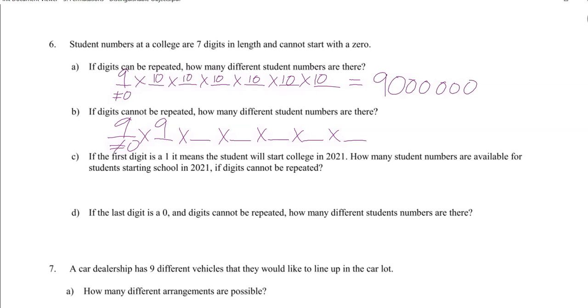So we have 9, and then, and then, and we're just going to plug that into our calculator. 544,320, which is substantially fewer arrangements than if you can repeat the digits.